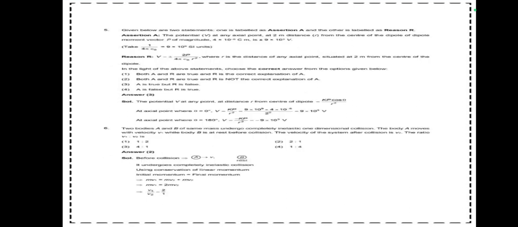Question number 5. Given below are two statements. One is labeled as assertion and the other is labeled as reason. Assertion: The potential V at any axial point at 2 meter distance from the center of the dipole with dipole moment vector P of magnitude 4 into 10 to the power minus 6 C m is plus minus 9 into 10 to the power 3 volt.